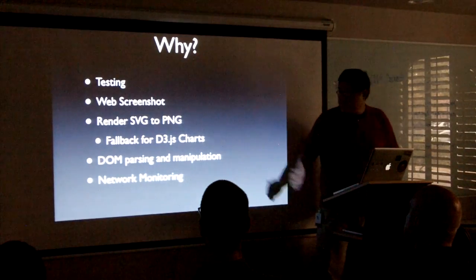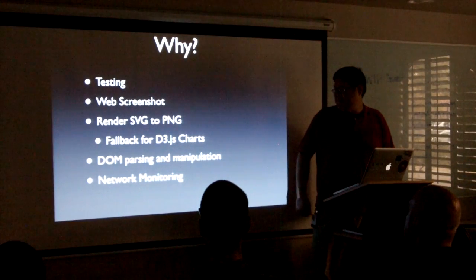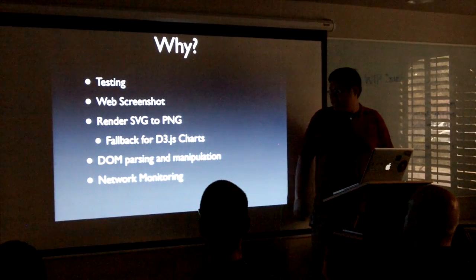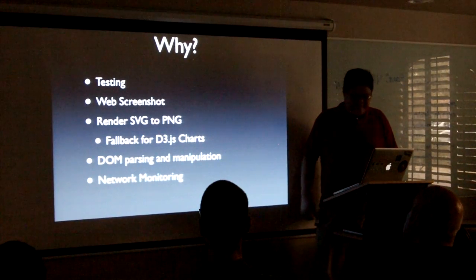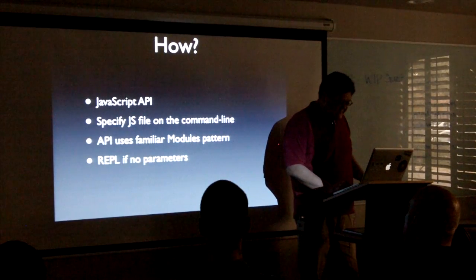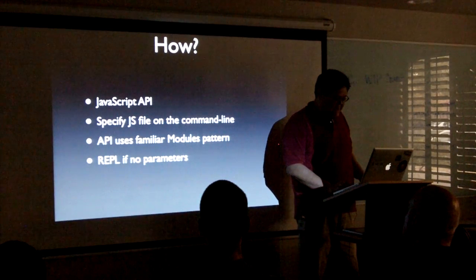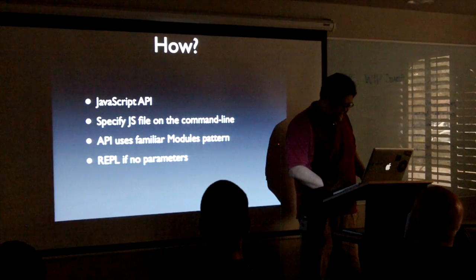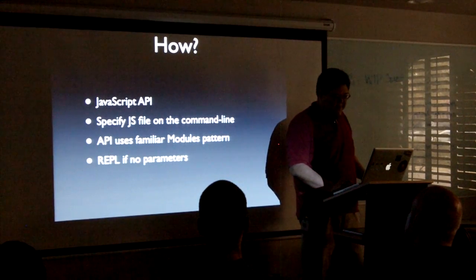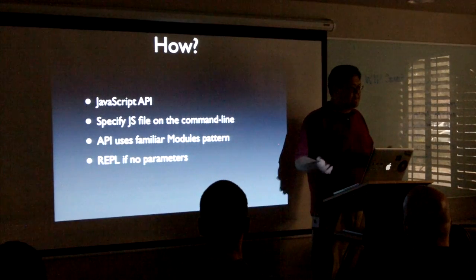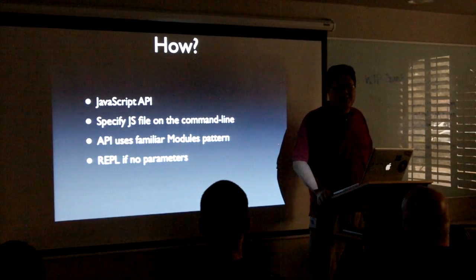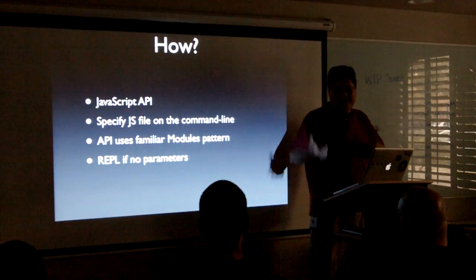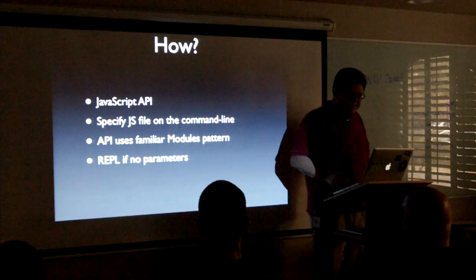As I mentioned before, rendering SVG to a PNG is a great use case for Phantom. DOM parsing and manipulation is another good thing to do. And I'm going to try to show what the API for PhantomJS looks like. You can also start up the command processor and run in a REPL loop where you just type in JavaScript commands and it will run interactively.